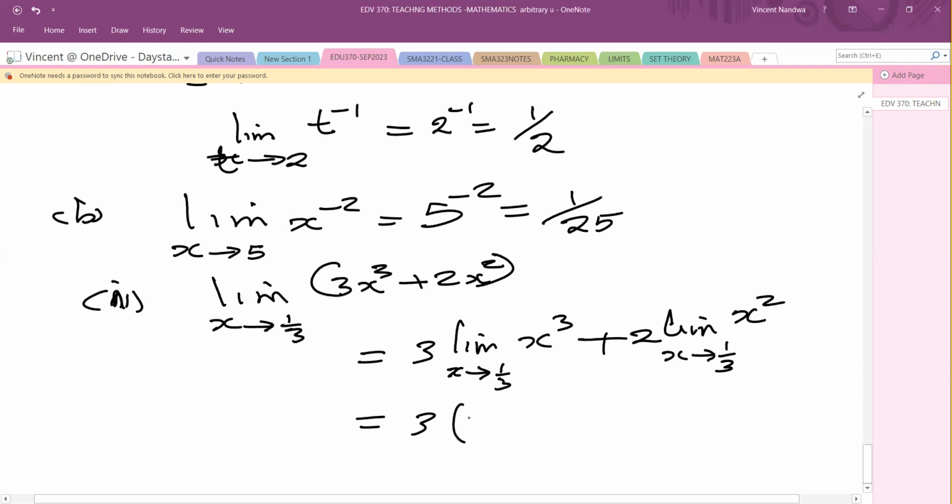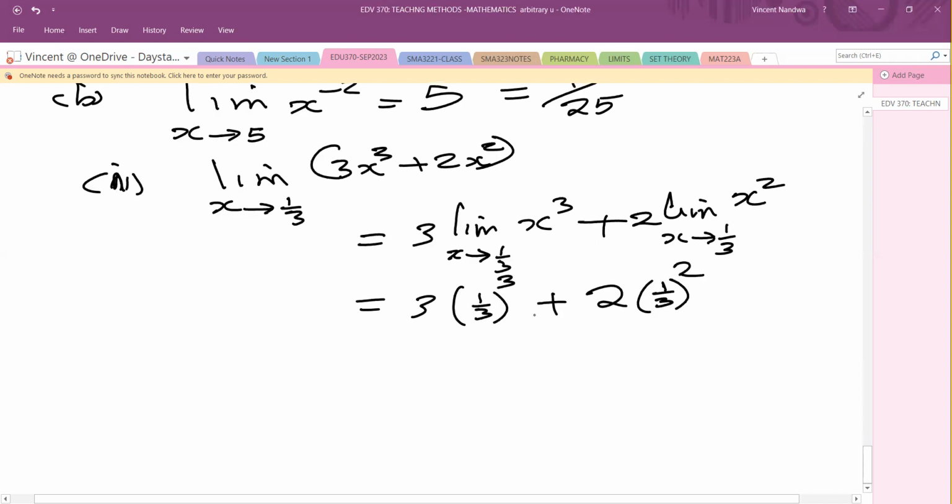Into power 3 plus 2 into power 2. So a third power 3 is the same as 3 times 1/27, plus 2/9.